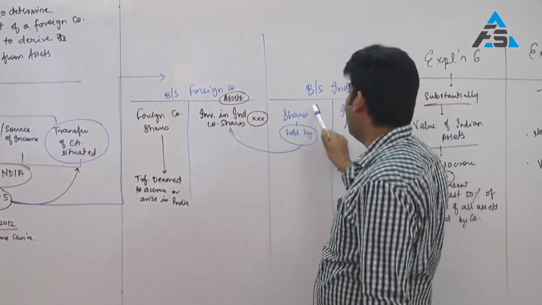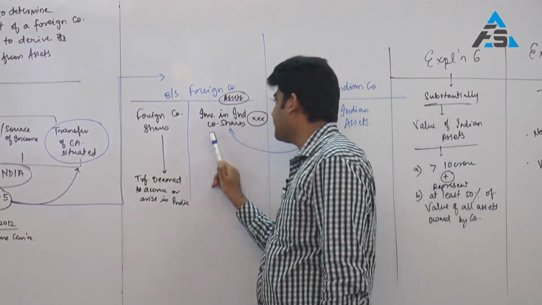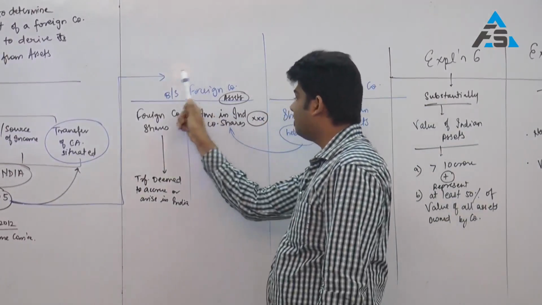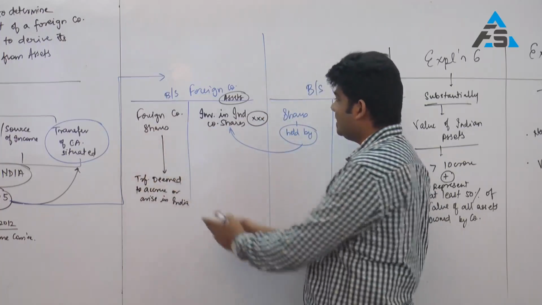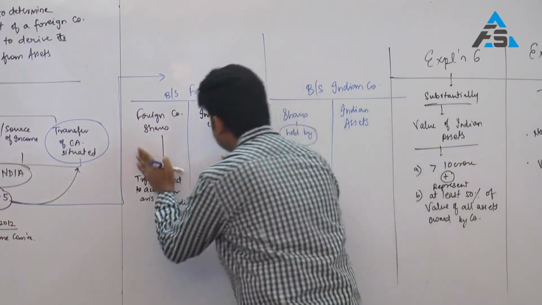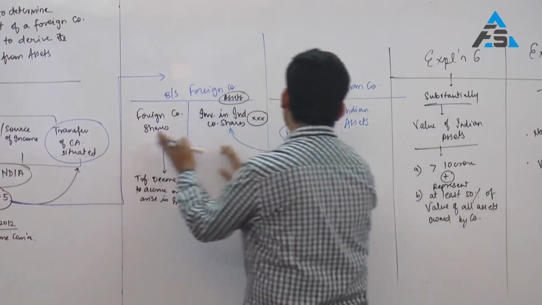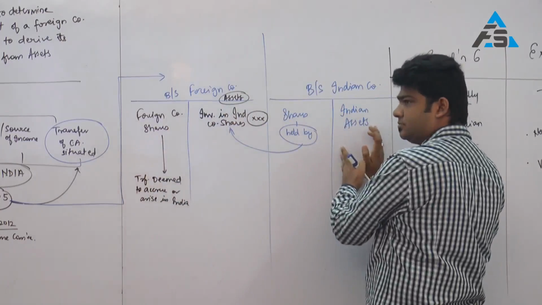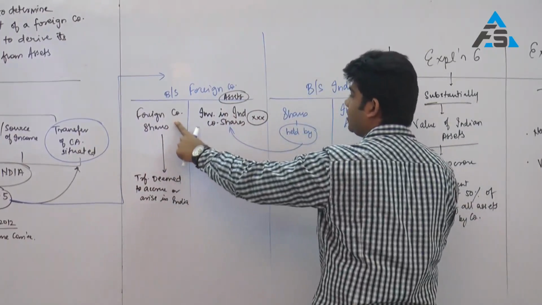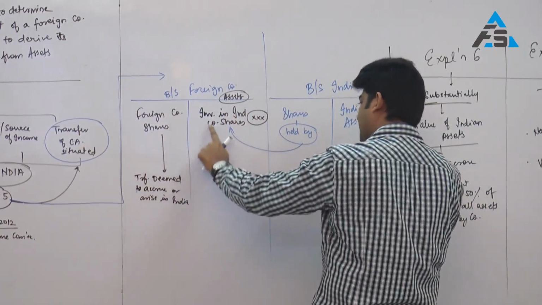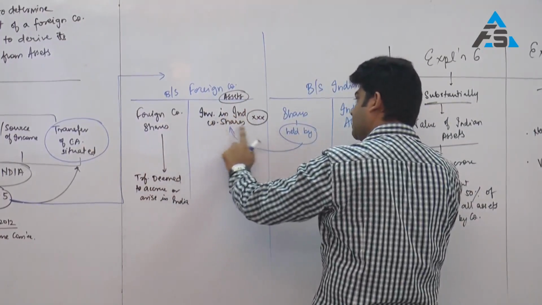These shares are held as investment by this foreign company. So can I say this foreign company is deriving the majority of its income through Indian assets? What asset does this foreign company have? It has assets as investment in Indian company shares.